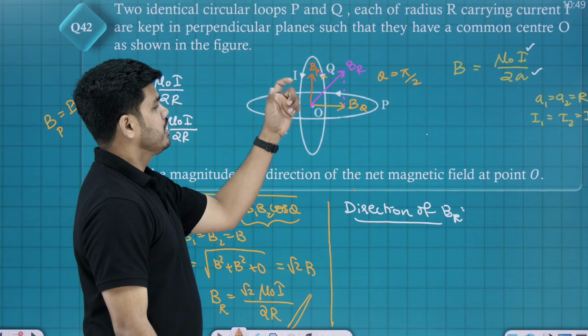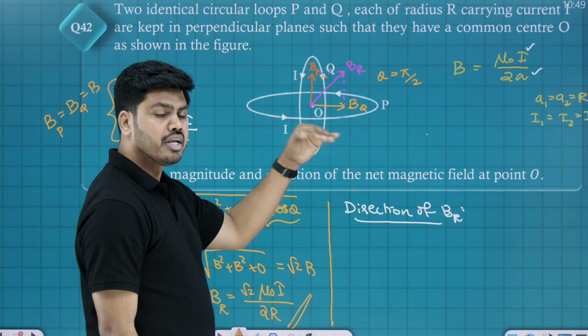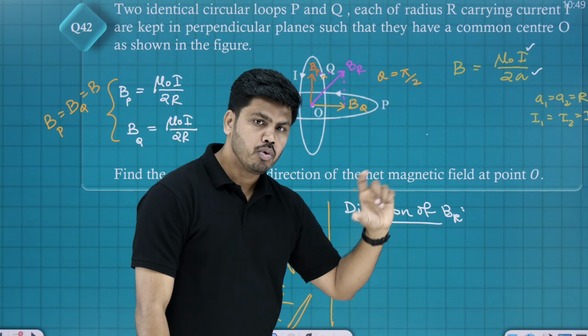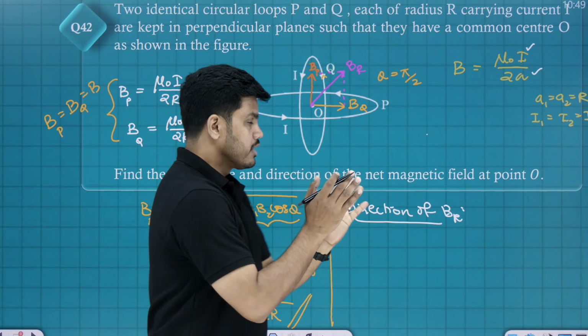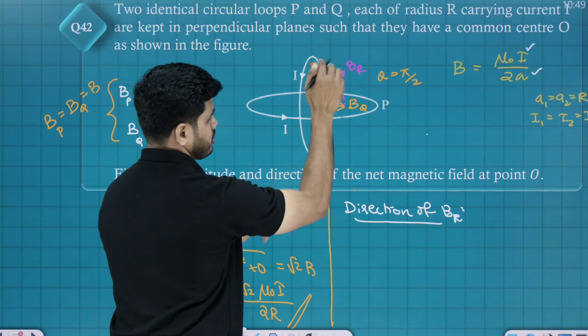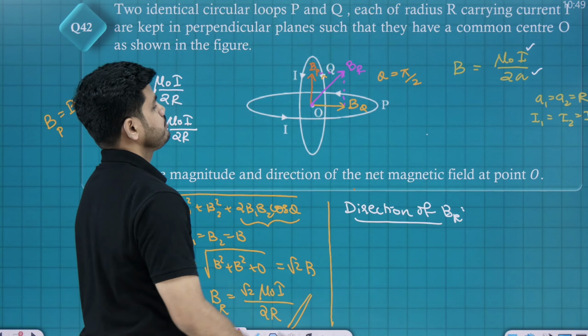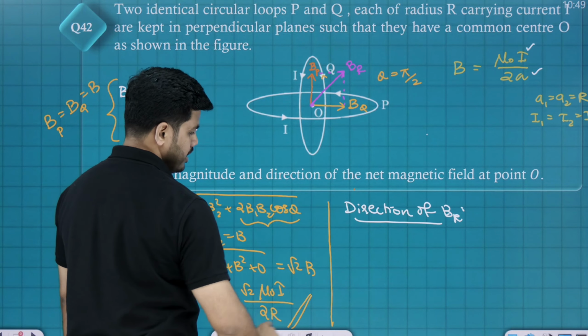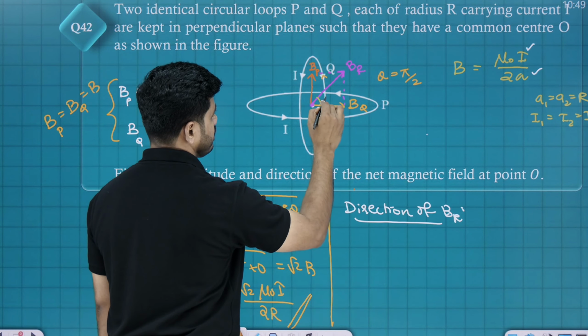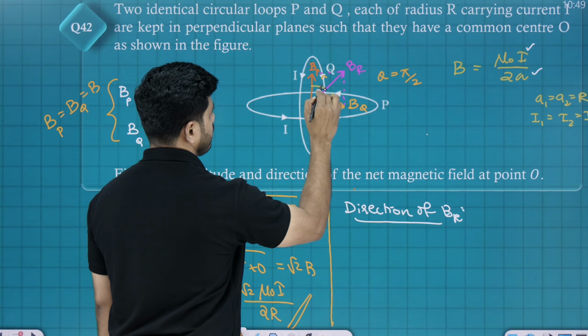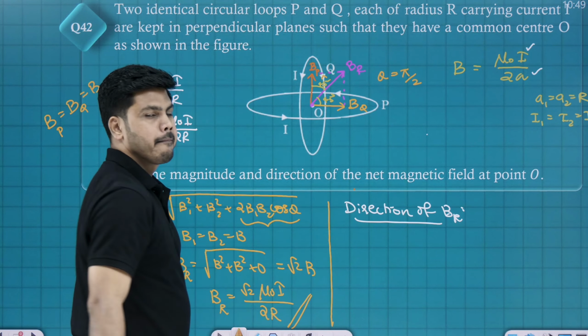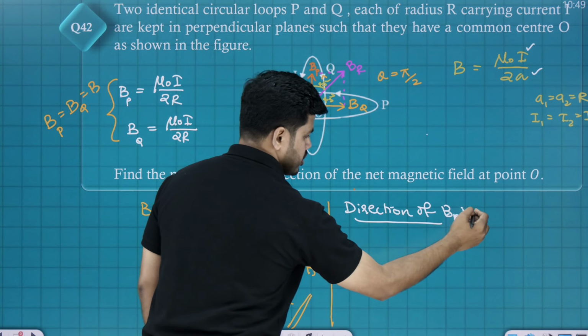And we know already, if the magnitudes of both the vectors are equal, the resultant will always be a bisector of the angle between the two, right? Yes. So if the total angle is 90, this angle is going to be 45 degree. This also will be 45 degree.